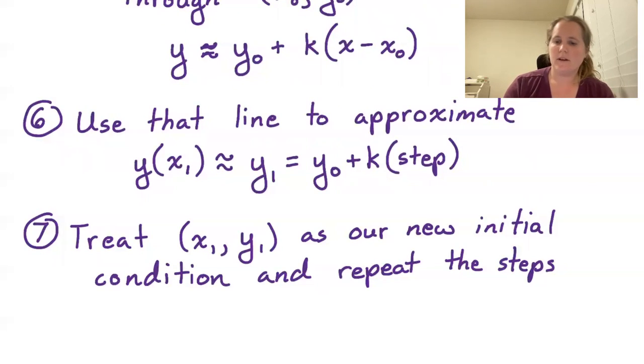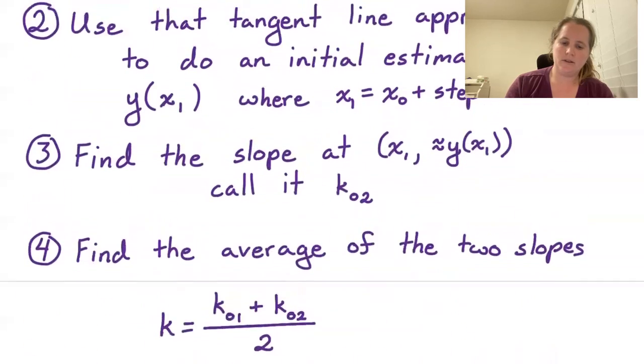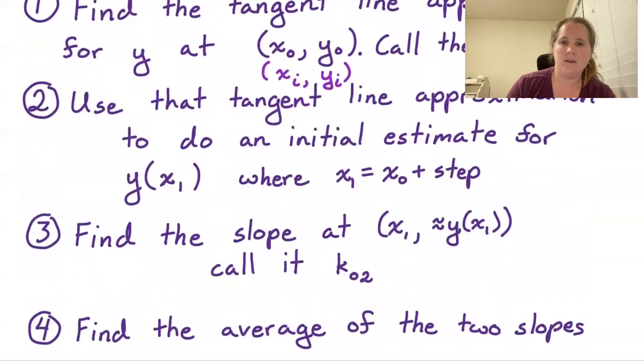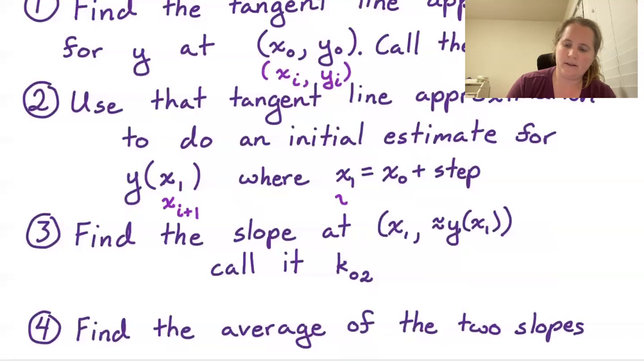So we could rewrite each of our initial values. So instead of using x0, y0, we could use xi and yi. We could call the slopes ki1. We'll do an initial estimate for y of xi plus 1, again, where xi plus 1 is xi plus the step.